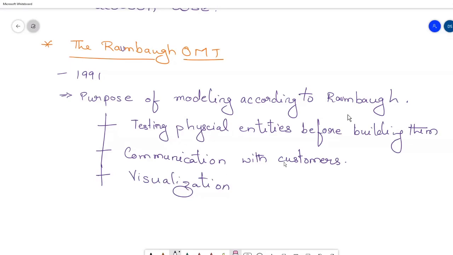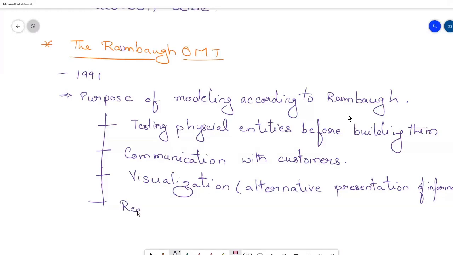That means an alternative presentation of information, and reduction of complexity. So these were a few purposes of Rumbaugh OMT.